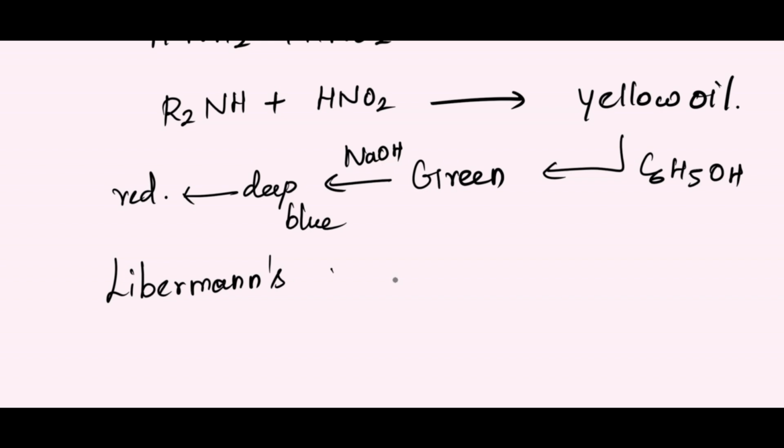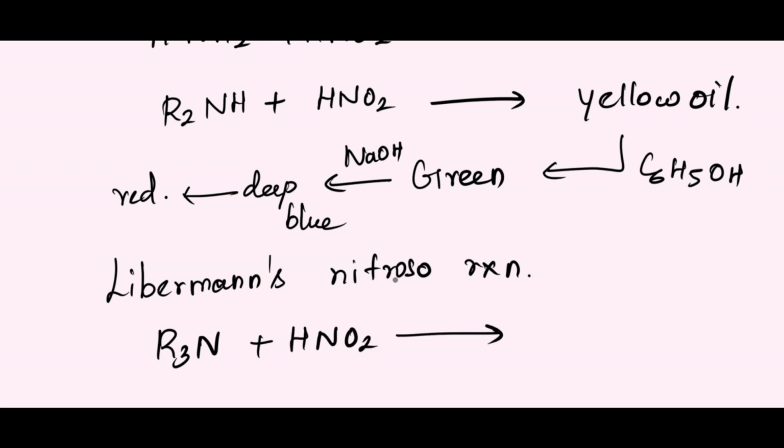If you get the chance to do this reaction in the lab, you can easily observe the changes. Try it out. And with the tertiary amine, with HNO2, it is producing the quaternary salt, I told you.